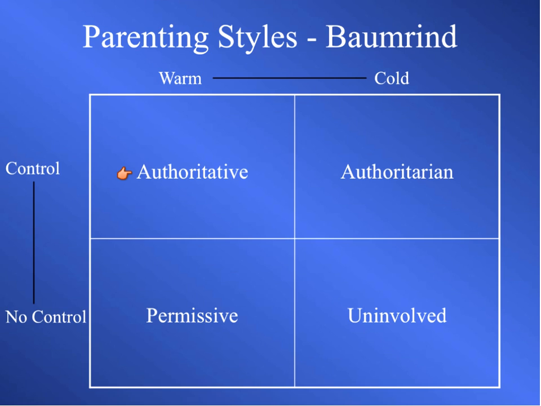Well, in terms of the parenting styles, let's start with the upper left quadrant, the authoritative parents. These are parents who, if we look at the intersection here, are warm and exerting control. These are parents who have clear rules with consistent enforcement of those rules. So the children can explain what the parents' expectations are for their behavior, maybe for what they're doing in school, for what they're allowed to do or not allowed to do, the rules around bedtime, etc. Okay?